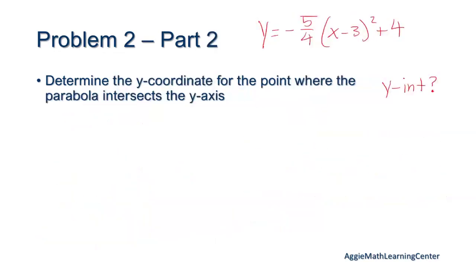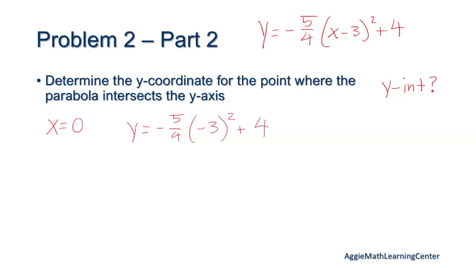Okay, sweet. And then for the y-intercept, what equals 0 in it? Where do you plug in the 0? Yes, good. So the y-intercept is when x equals 0. So we're going to say x equals 0: y equals negative 5/4 times (0 minus 3) squared plus 4.